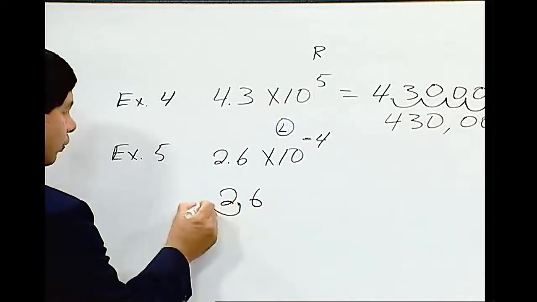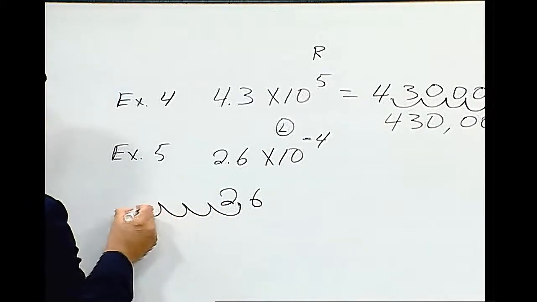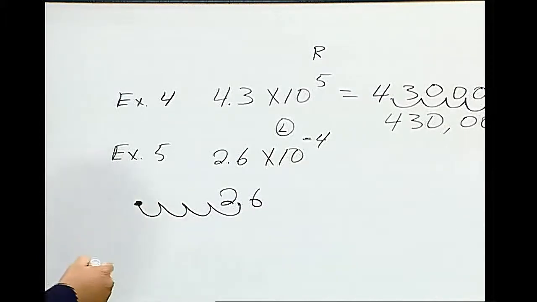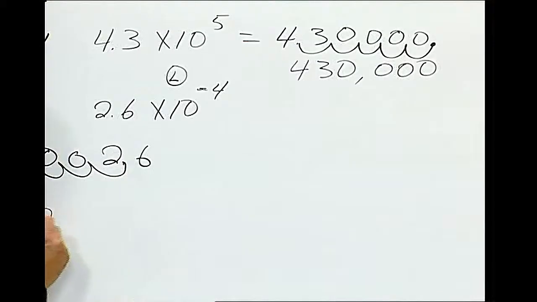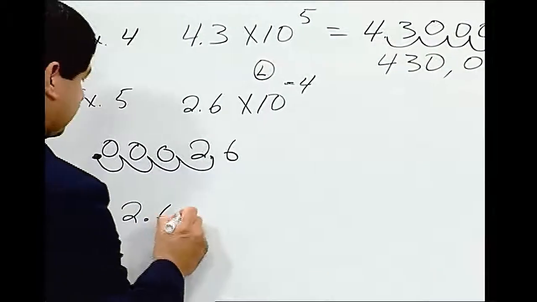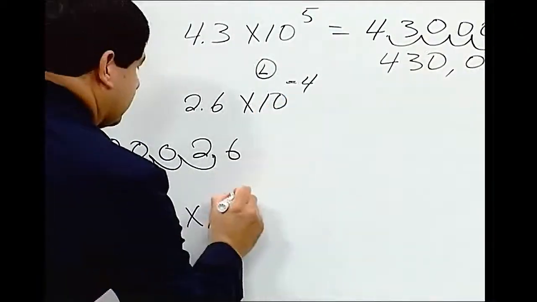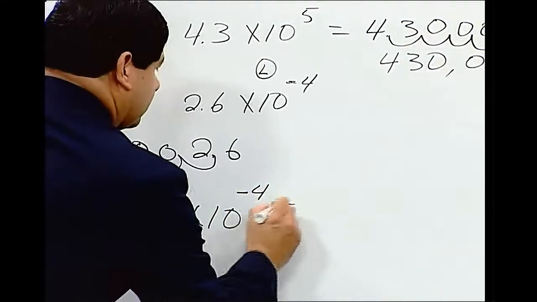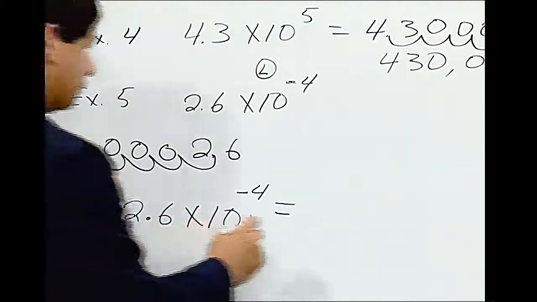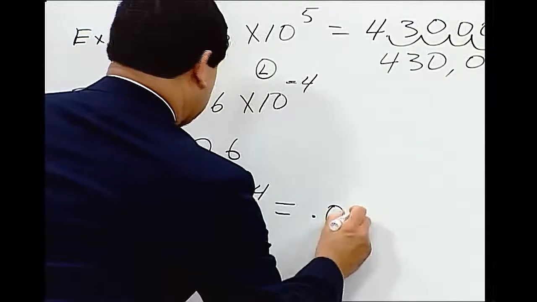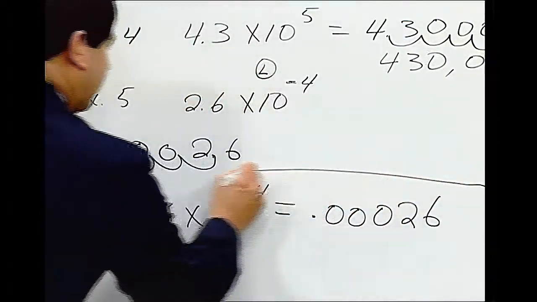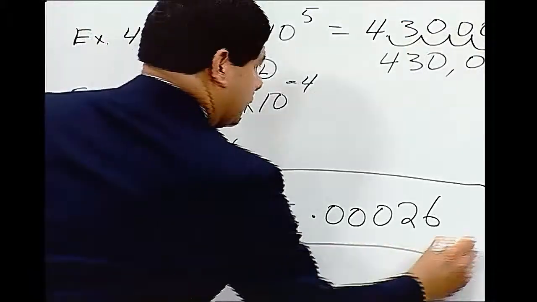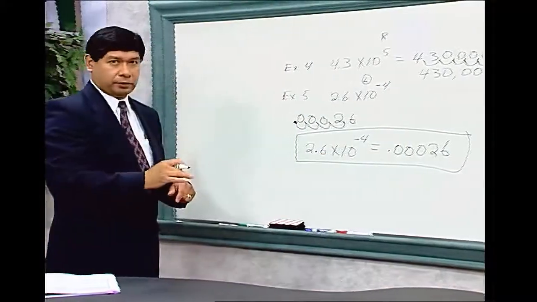Let us do that. 1, 2, 3, 4, and let us fill in our gaps. 1, 2, 3. 2.6 times 10 to the negative 4 is equal to, or equivalent to, 0.00026. We have 2 different ways to represent the same value.